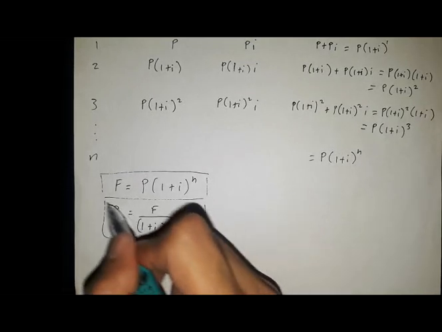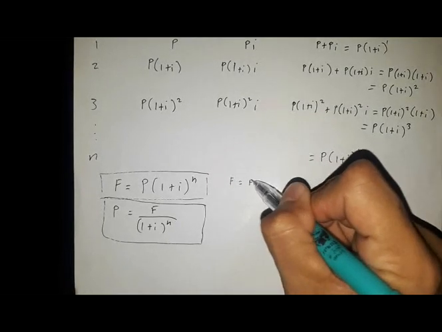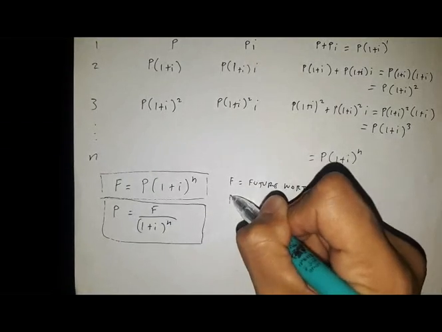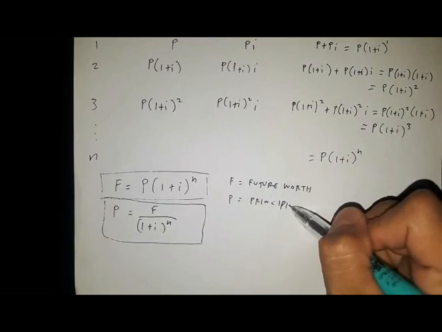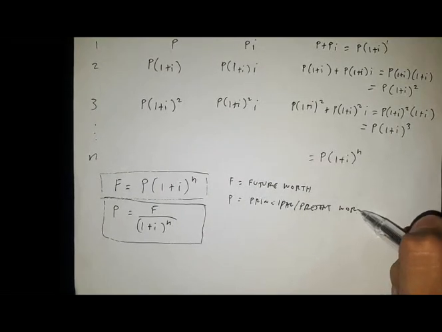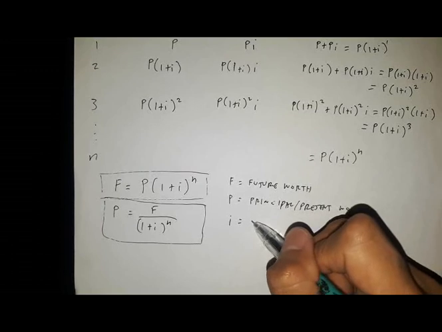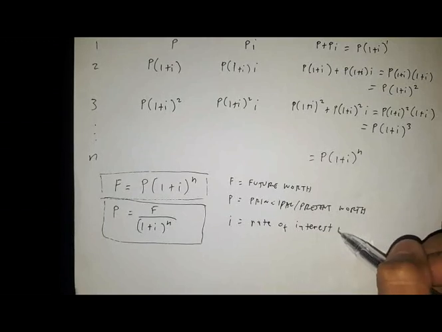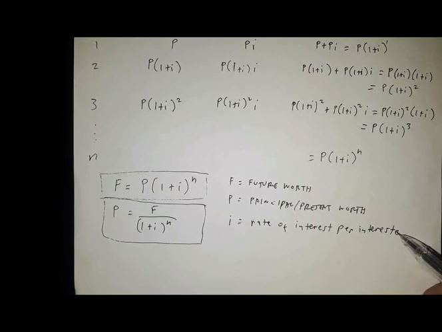Now we have F as the future worth, we have P as the principal, or the present worth, we have I as the rate of interest per interest period.